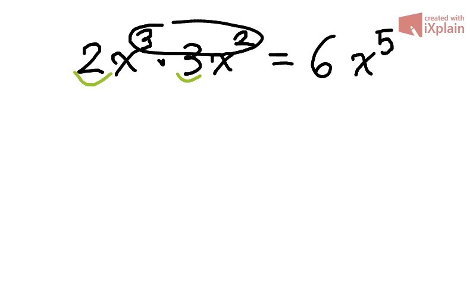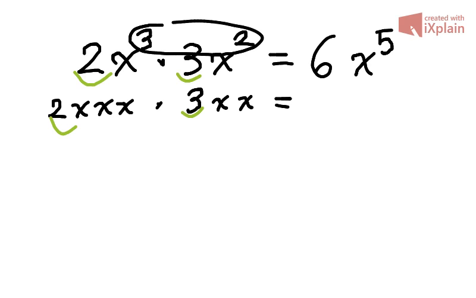If you wanted to break this down, you could rewrite this as 2 times x times x times x multiplied by 3 times x times x. And then you will again do the same idea. Numbers first, 2 times 3 is 6, and x times x times x times itself 5 times will be x to the 5.